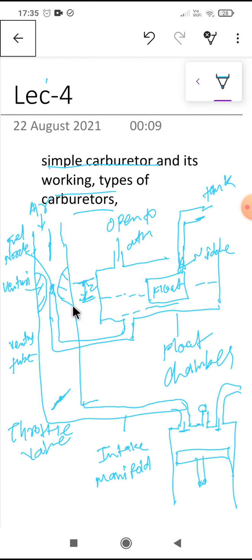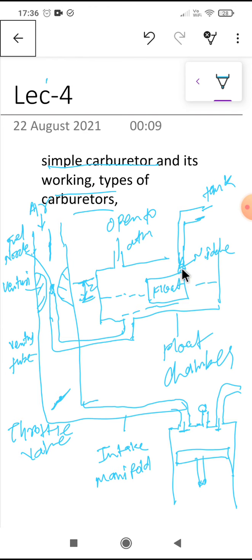In the float chamber, the level of the fuel is always maintained constant by the float and needle valve. As fuel decreases, the float moves down. So the inlet passage opens the needle valve, and the fuel comes into the float chamber.